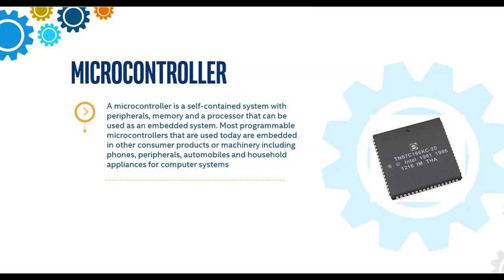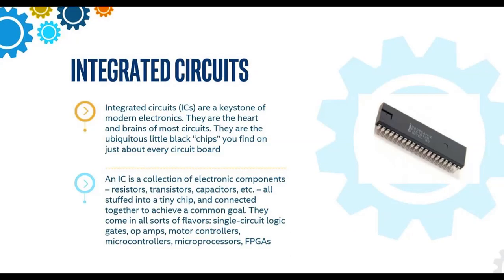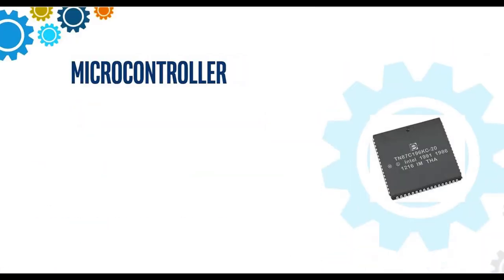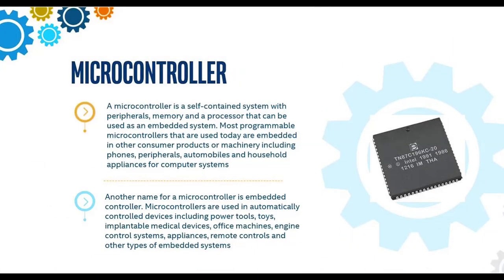So microcontrollers come after integrated circuits, and nowadays are used in advanced ways. Another name for a microcontroller is embedded controller. Microcontrollers are used in automatically controlled devices, including power tools, toys, implantable medical devices, office machines, engine control, home automation, and agricultural purposes. These are the different applications of microcontrollers.